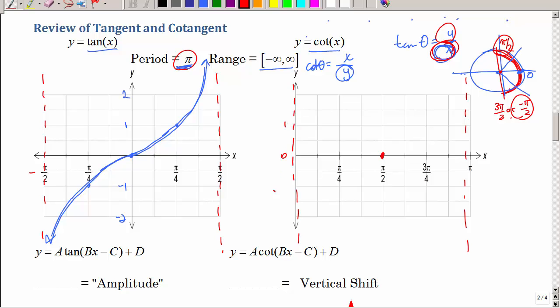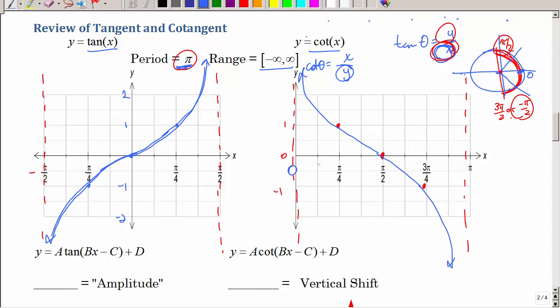I'll call that 1 and negative 1. The cotangent of pi over 4 is positive 1, and at 3 pi over 4 it is negative 1. So you should get a graph that looks something like that. So they're kind of mirror images, they're also shifted.